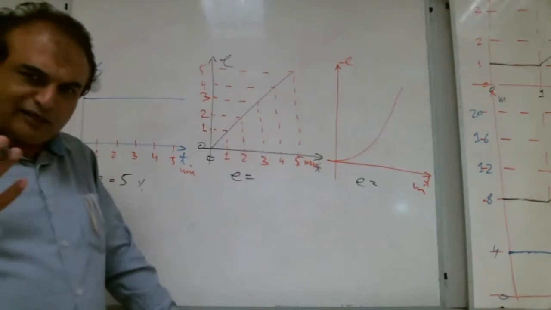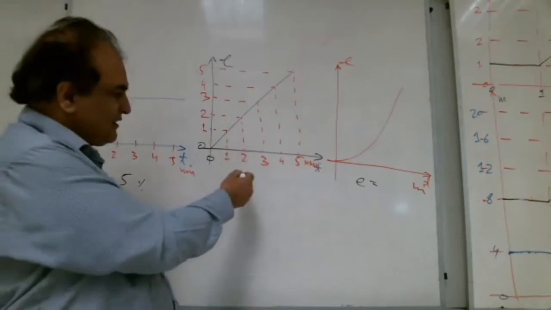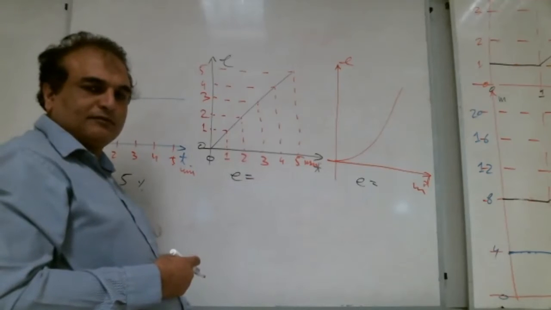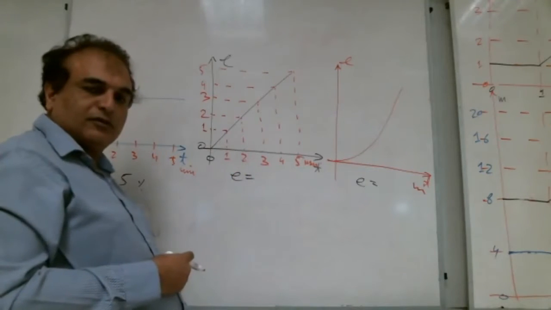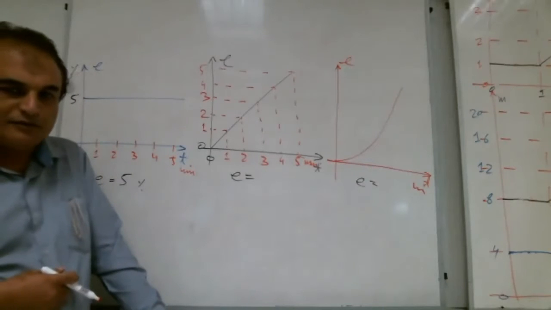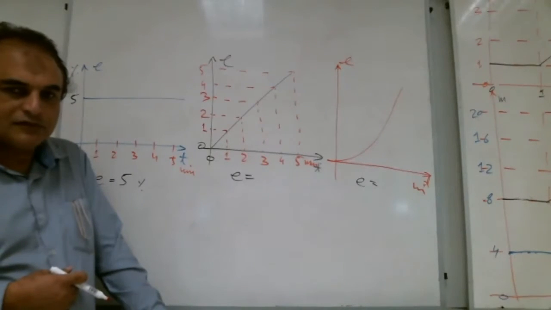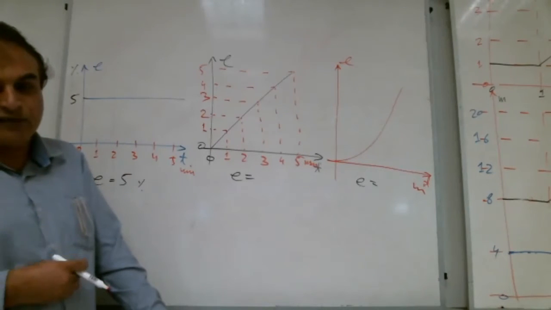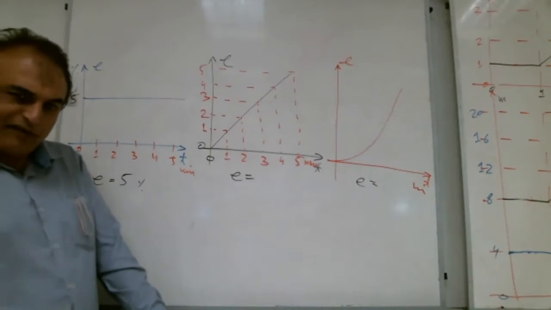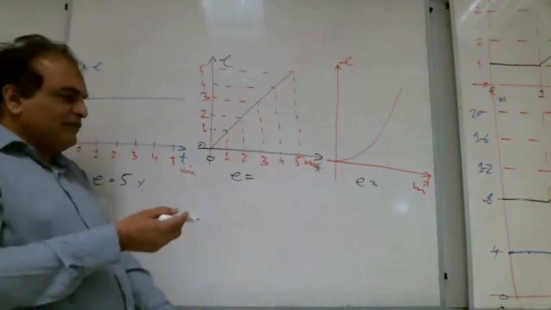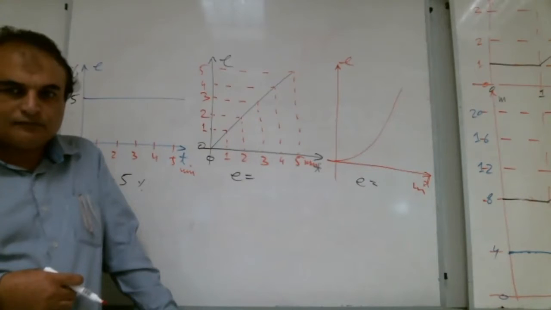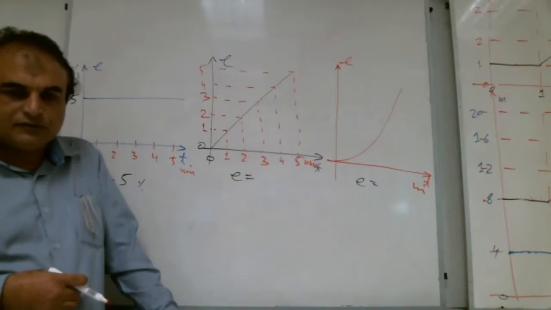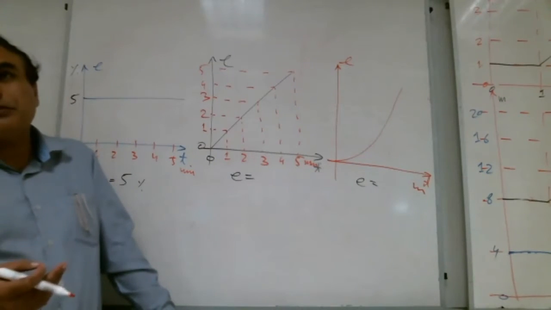A lot of brothers are writing the equation. Tell me, what is the error here equal to? A lot of brothers are writing slope. Some are sending me the formula, delta E over delta T. That is again the slope.